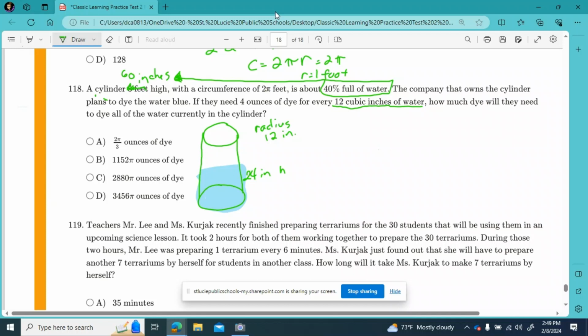And my formula for volume of a cylinder is not given to us on the reference sheet. This is something you've got to have memorized when you're going in. So volume of a cylinder: first, you're going to take your area of the base, which is pi r squared, and then multiply it by the height, because we have a 3-dimensional figure, and that'll tell us how many cubic inches of water are here, okay?